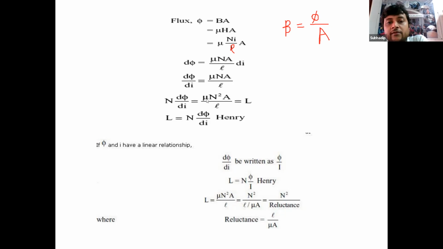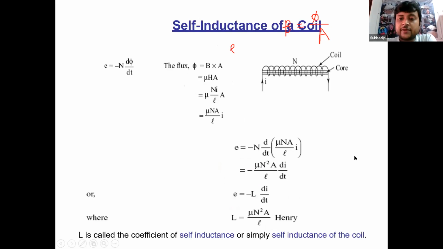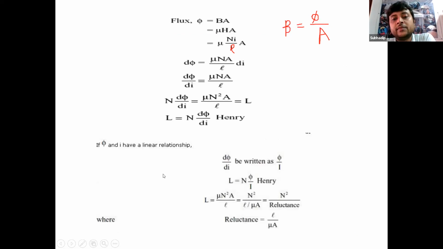As you know, this particular value mu n square a by l is nothing but L, as in the previous one.